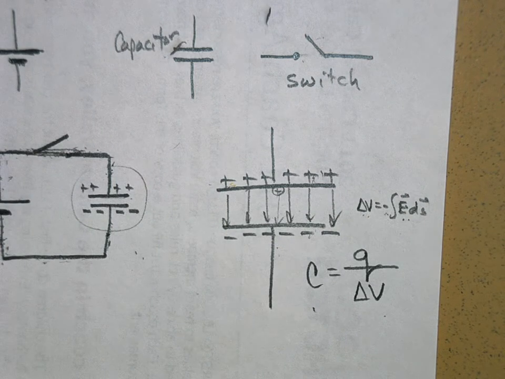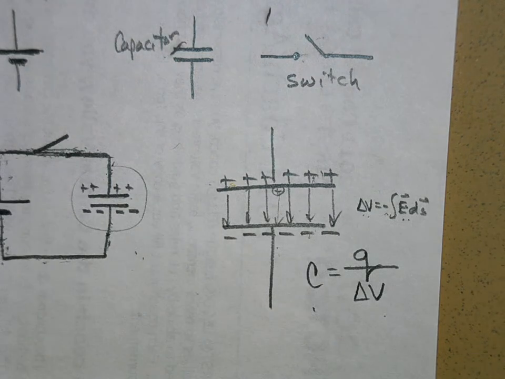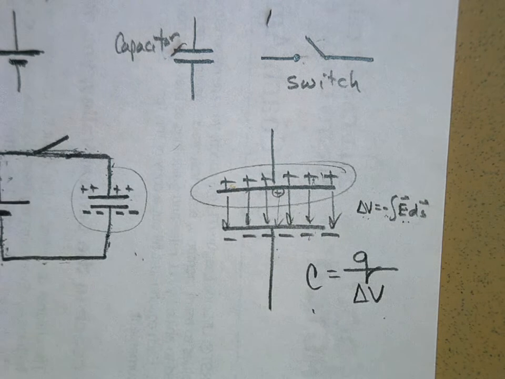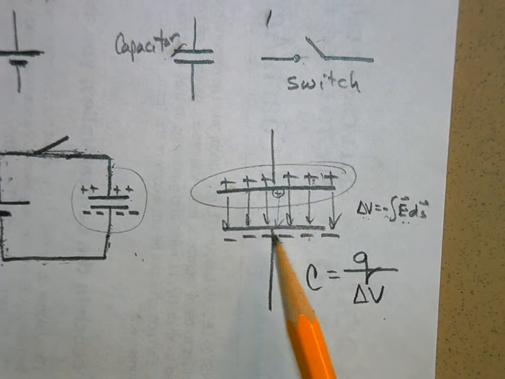Now, we talk about capacitors storing charge. Please know this: all capacitors are electrically neutral overall. So when we say the charge on a capacitor, we're talking about how much charge there is on one plate. And we know that there's an equal but oppositely signed charge on the other plate.